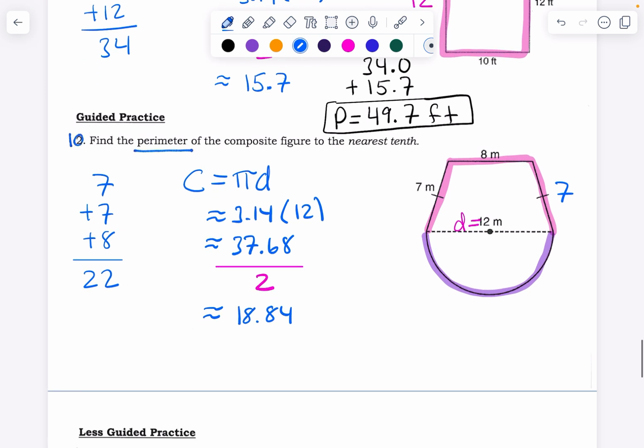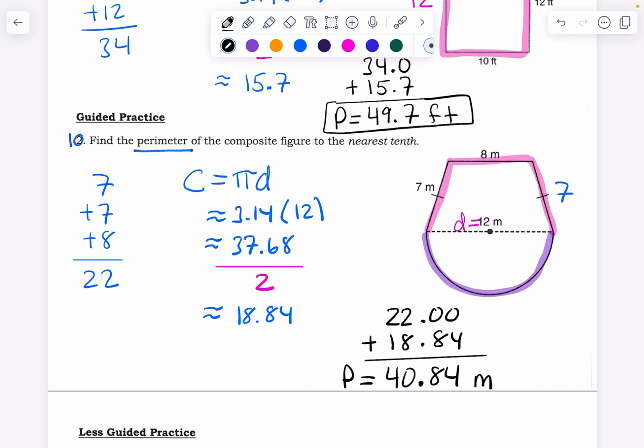Now I have to add the 22.00 plus the 18.84 because I want to know the perimeter. And the perimeter would be 40.84, and that would be just meters. That's it.